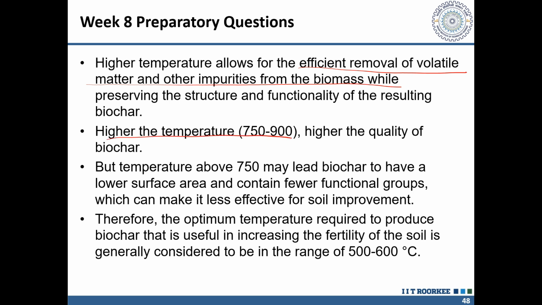Therefore, the higher the temperature, the higher the quality. But sometimes a temperature of 750 may lead to biochar having a lower surface area and containing fewer functional groups, which can make it less effective. So sometimes 500 to 600 degrees Celsius is also employed in order to retain the high surface area and the functional groups present in it.